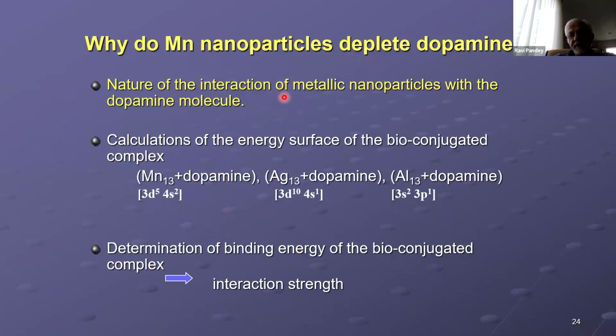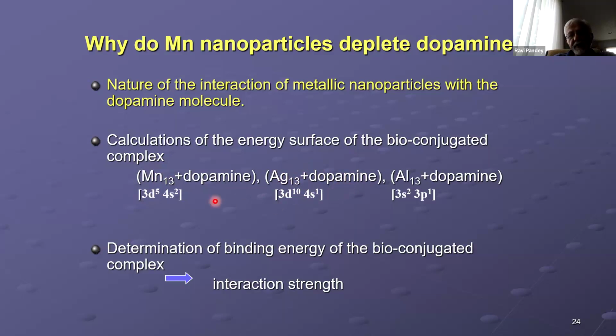We have to get down to the atomic level and look at the interaction of these particles with the dopamine molecule. To understand the interaction, we have to calculate energy surfaces, where Mn13, a 13-atom manganese particle, interacts with the dopamine, and then Ag13 interacts with dopamine.